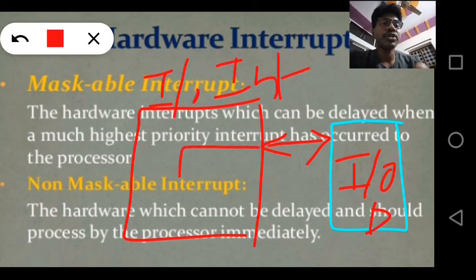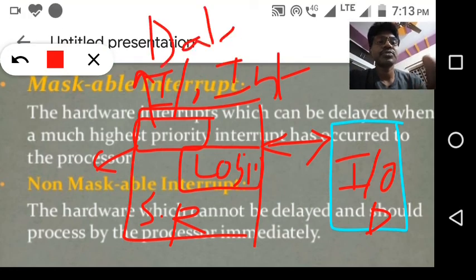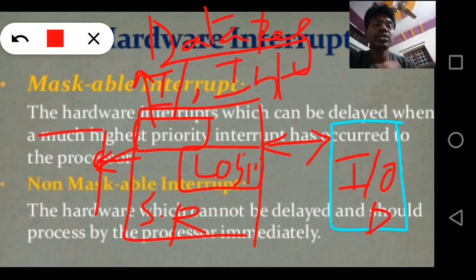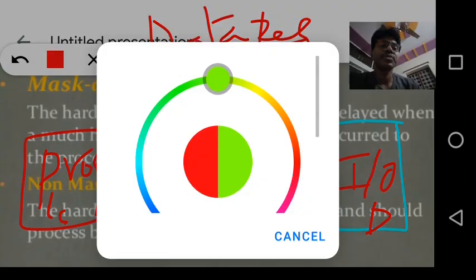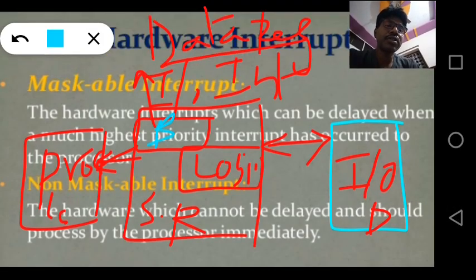See, the IO interface contains some logic, some status registers, and some data registers or buffers, and they send to the processor.